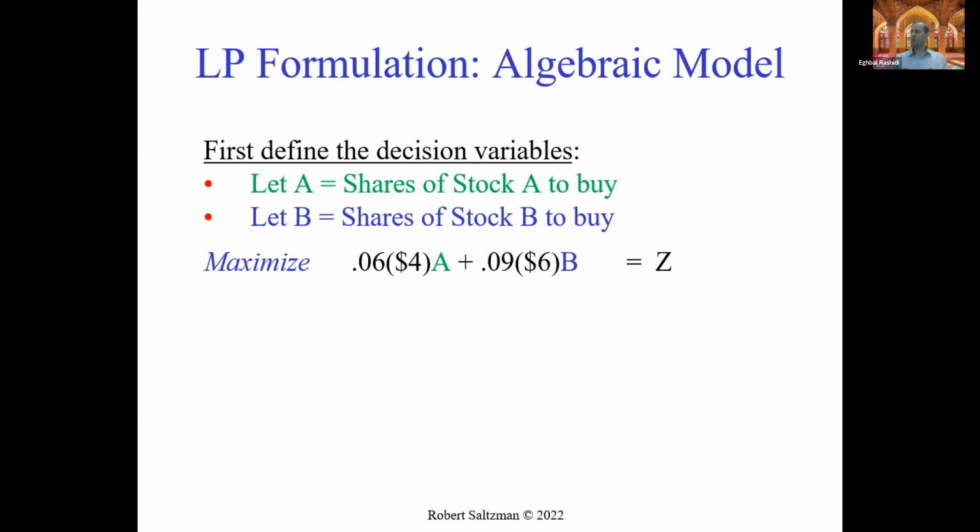Plus, we also want to invest in stock B. How do we compute the rate of return for that? The rate of return is 9% in a year.